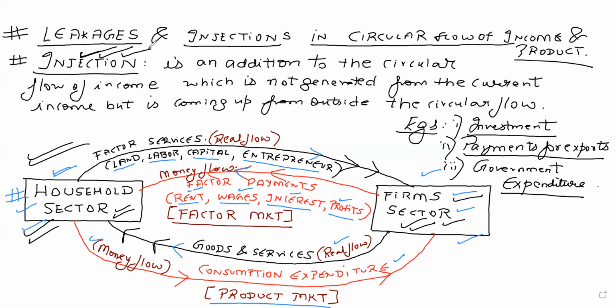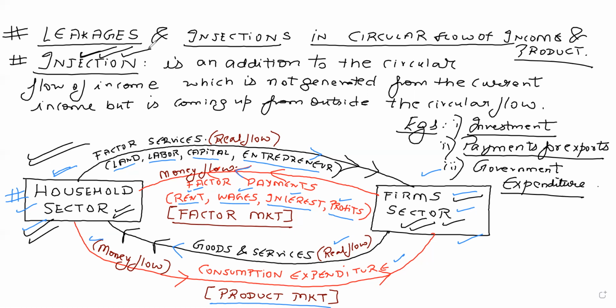And the third example, the taxes which are paid by the households and the firms are used by the government to do expenditure on roads, bridges, railways, public parks, hospitals.